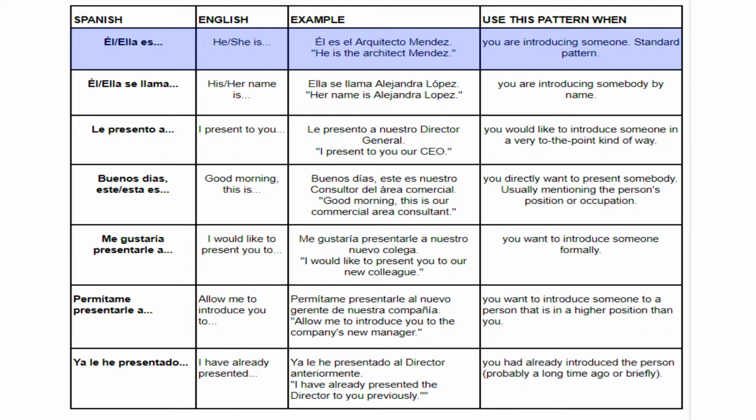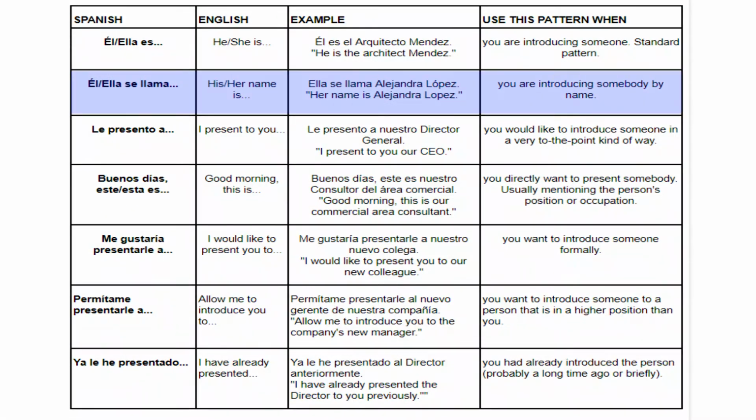And you can either use a name, or you can use the position that they're in. Ella es maestra, por ejemplo. Now, if you wanted to introduce somebody by their name, we're going to say él se llama or ella se llama. Él se llama means his name is, and ella se llama means her name is.